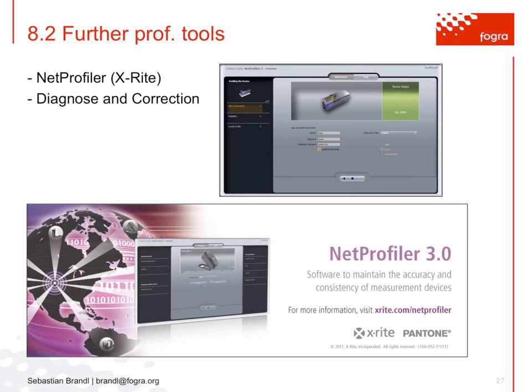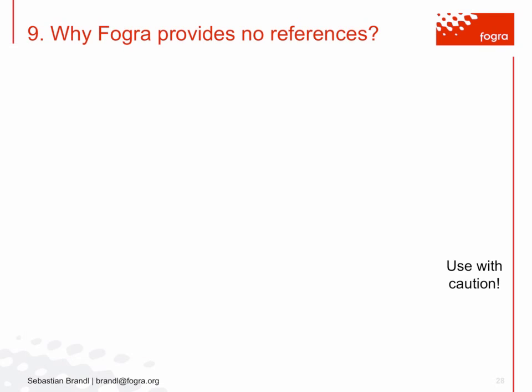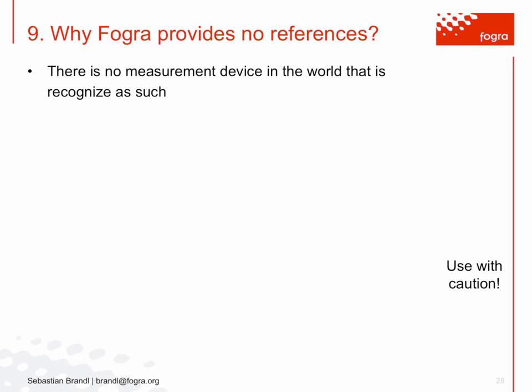Further professional tools, let's say here for spectral check, where you have 4 samples here, and you can check it, and you can see also that the temperature is important, which will be used in the software to get diagnosed to see are you within the manufacturer required tolerances. Other tools are from Net Profiler, from Xrite. Here you can use both.